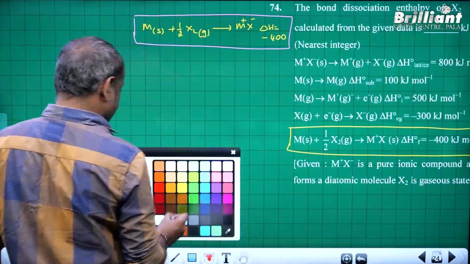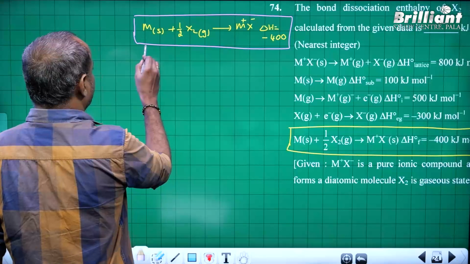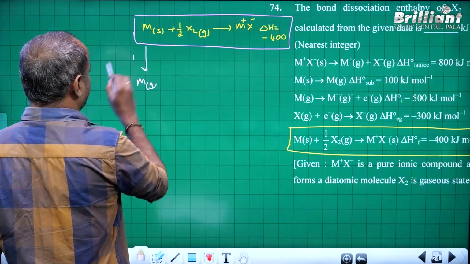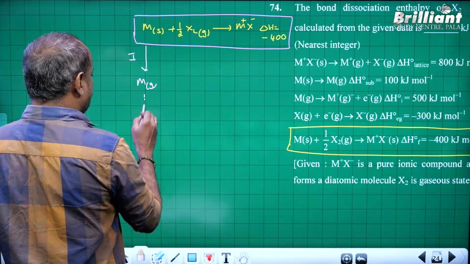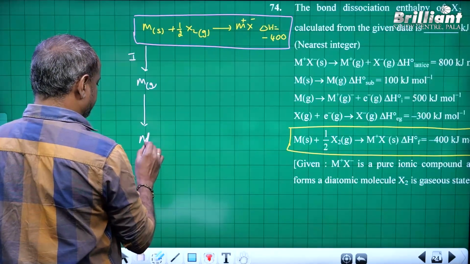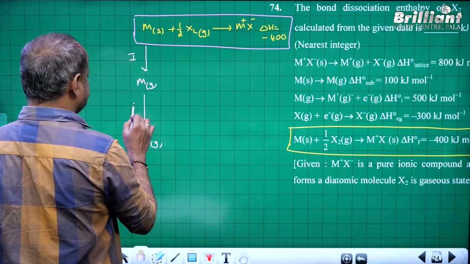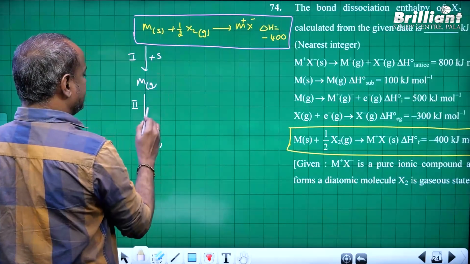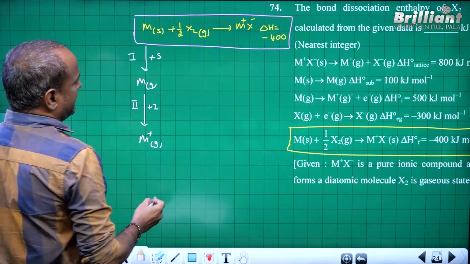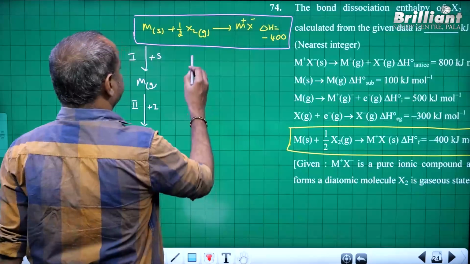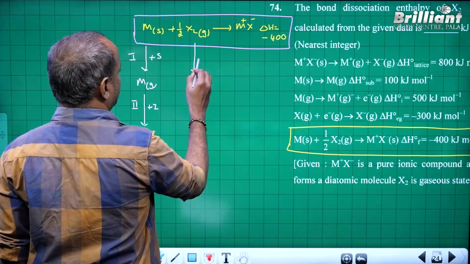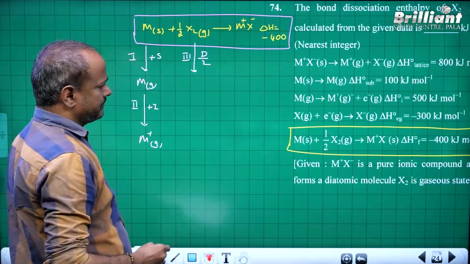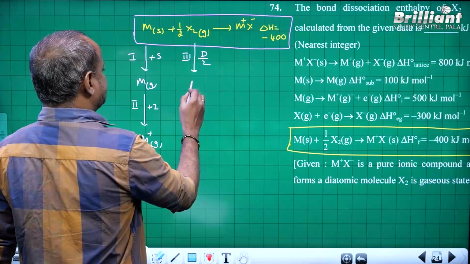Now the indirect steps are: metal solid to metal gas, first step. Metal gas into metal ion, ionization, second step. This is plus S, sublimation, this is plus I, ionization. This is half mole dissociation, third step, D by 2, to form X gas.